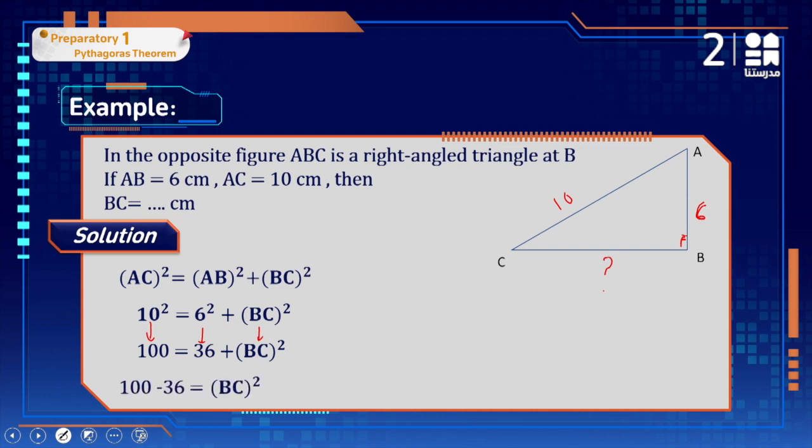Then move this 36 to the other side or subtract 36 from both sides. So BC squared equals 64. Then take the square root. So BC equals the square root of 64, which is 8.